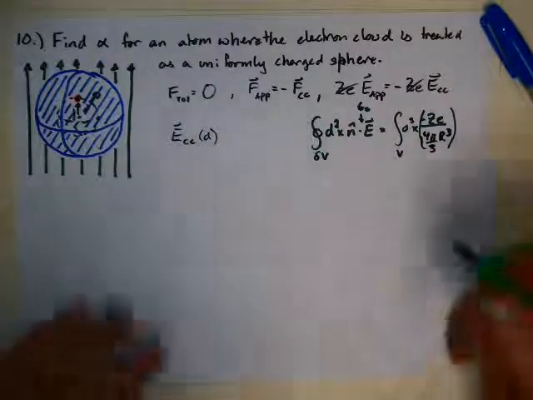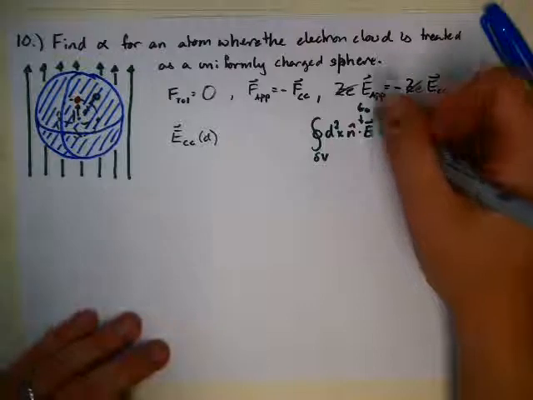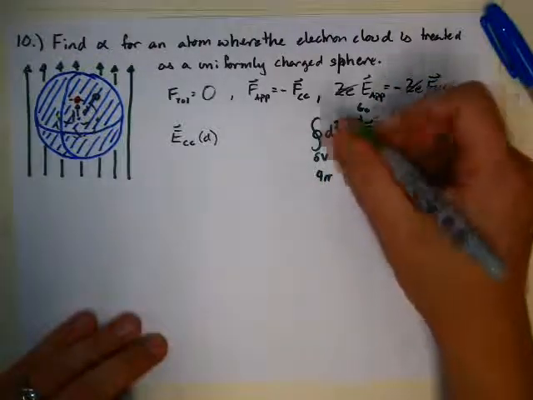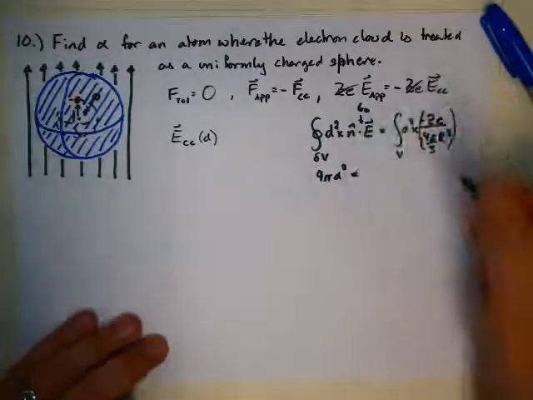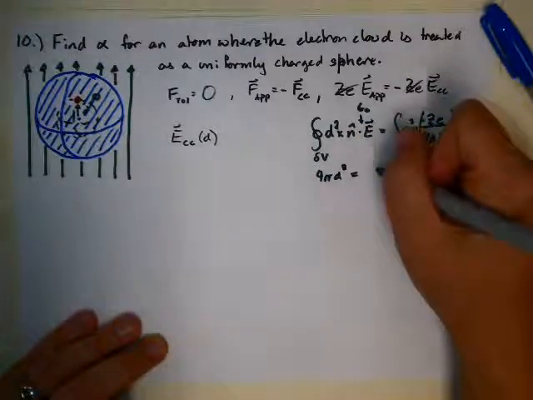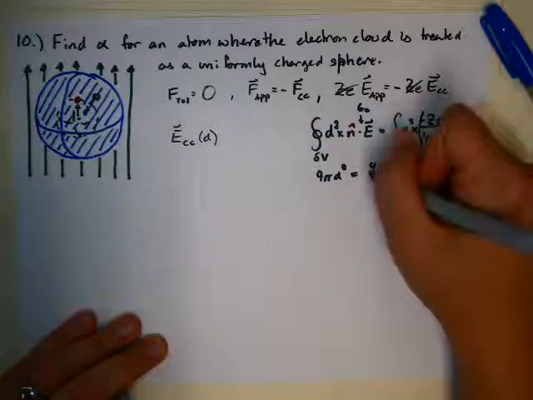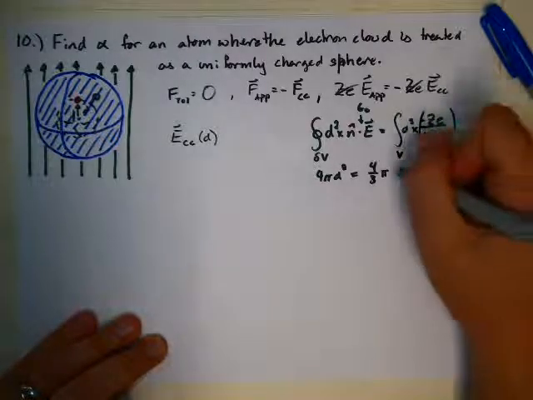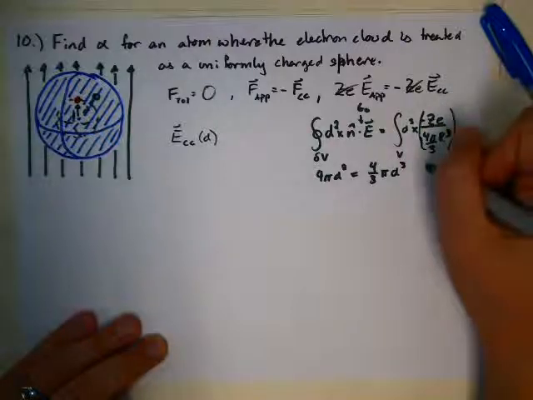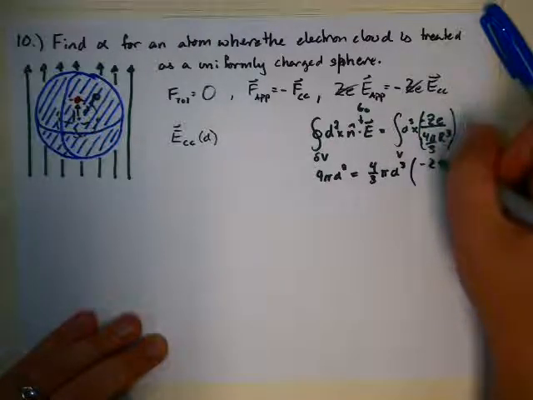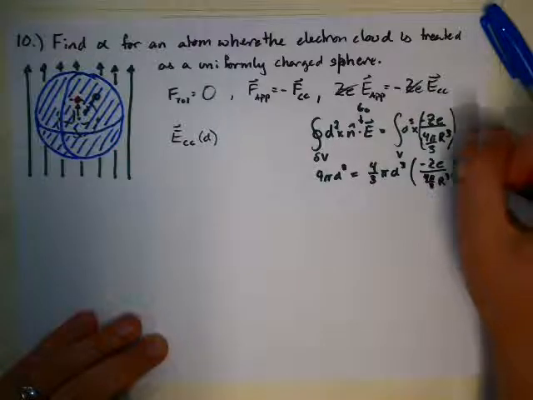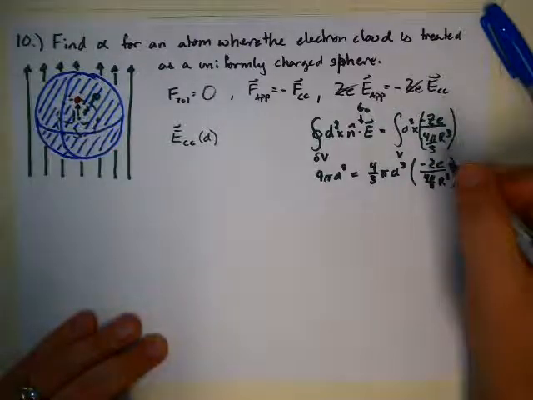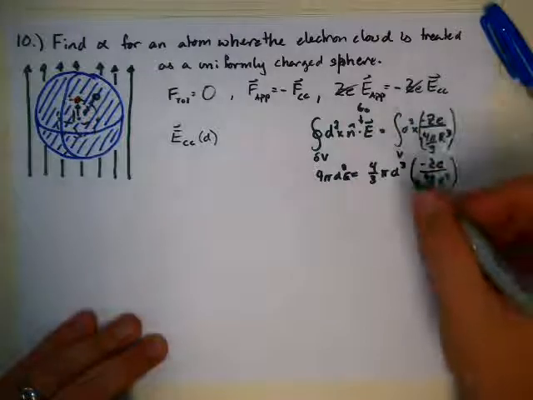Plugging this in, we know the electric field points radially, so this side will just be 4 pi d squared times the electric field. And on the other side, we get 4/3 pi d cubed times the expression that we have, minus Ze over 4/3 pi R cubed.